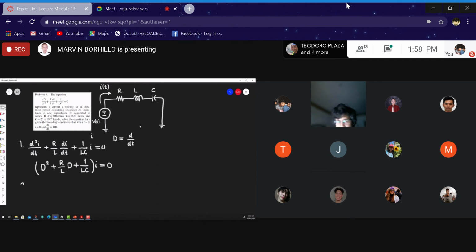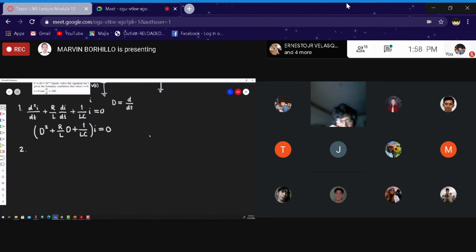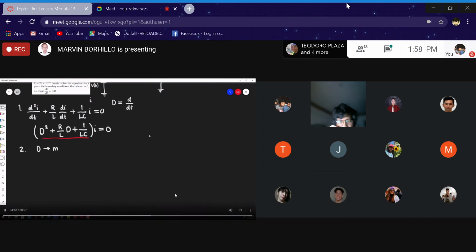Step number 2, get the auxiliary equation and solve that equation. The solution of that equation, our D will be converted into m. This is usually a quadratic equation always.